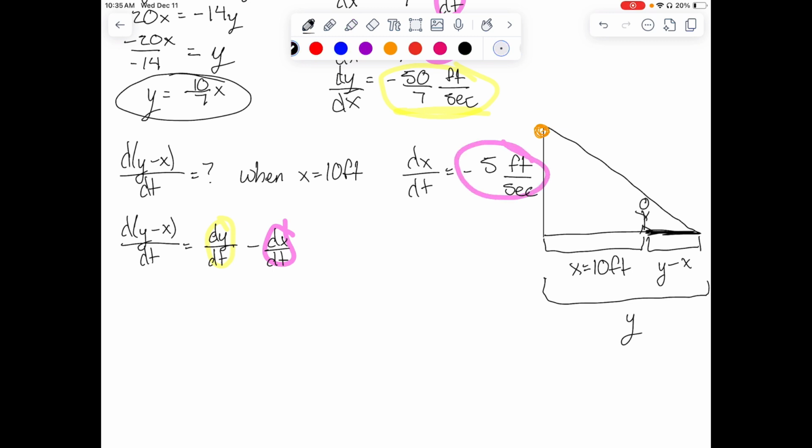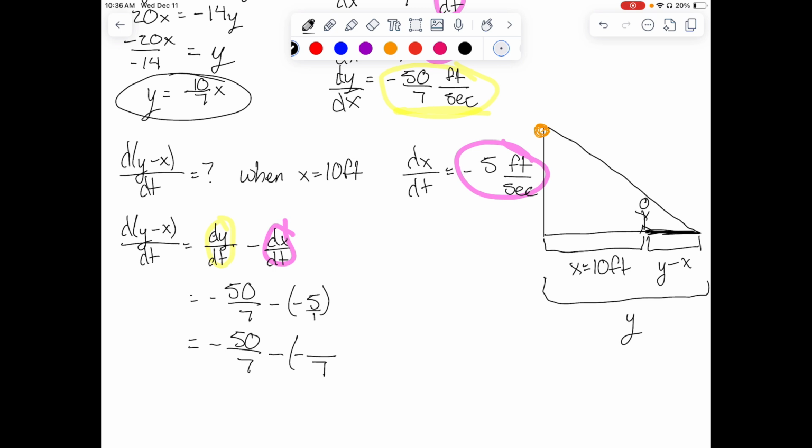So let's do that. So this equals -50/7 minus -5. All right. And now we're going to find a common denominator. So -50/7 minus, this is just to find a common denominator. I'm going to have the bottom be 7, which means I have to multiply the numerator and the denominator.